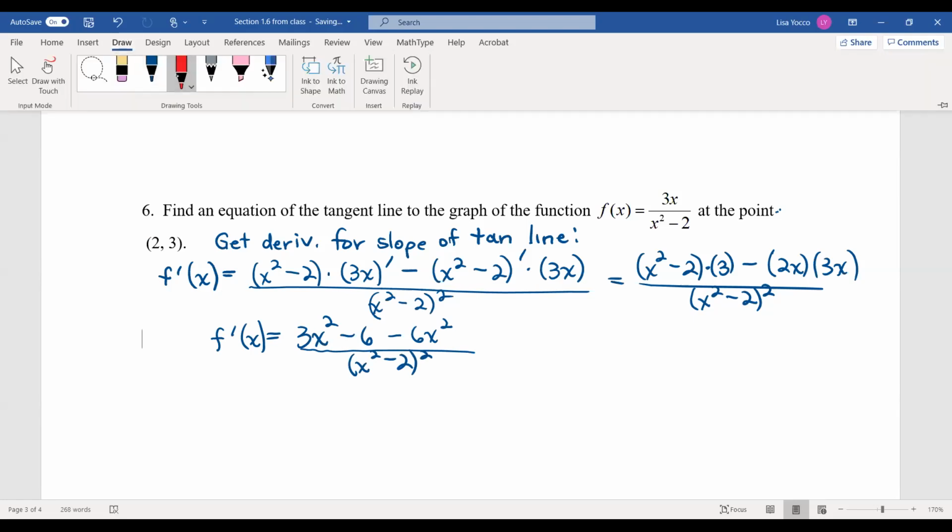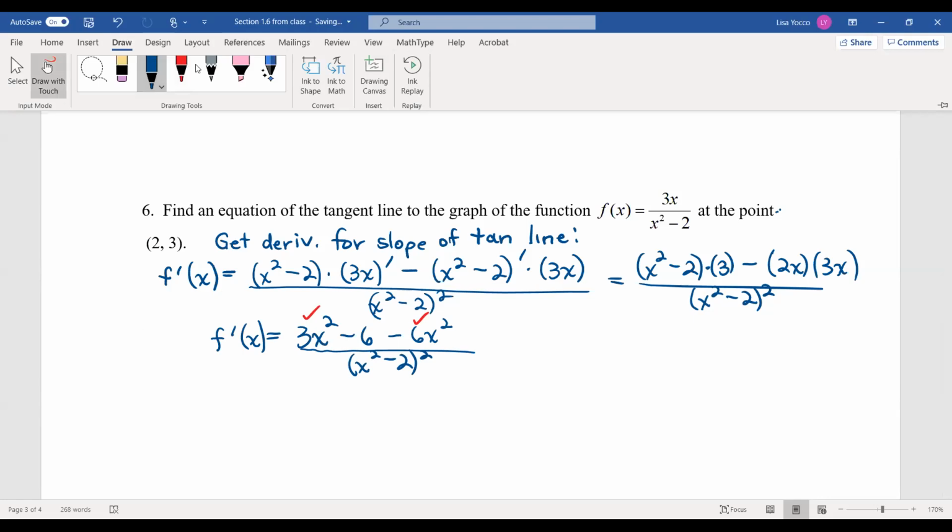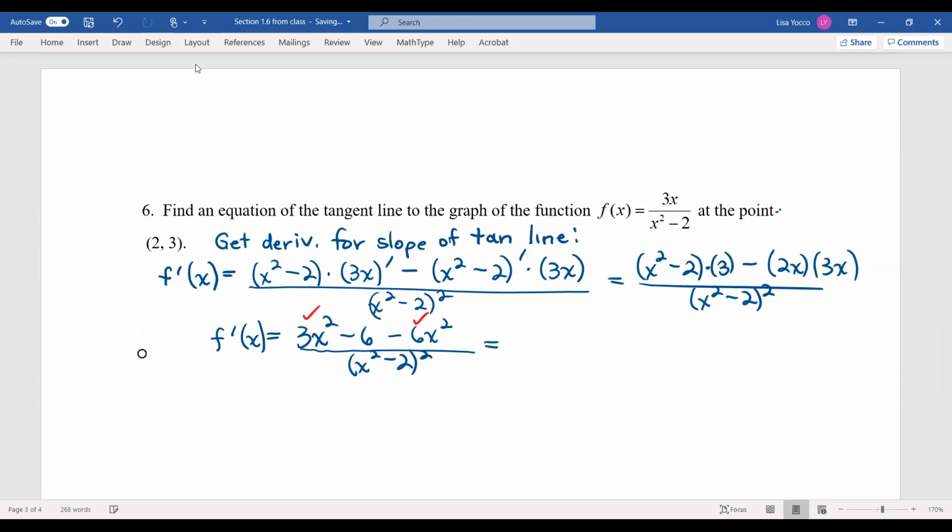The 3x squared and the minus 6x squared are like terms. Combining those gives me minus 3x squared minus 6. And that's all over that denominator squared. So there's the derivative. Took a little work to get that.